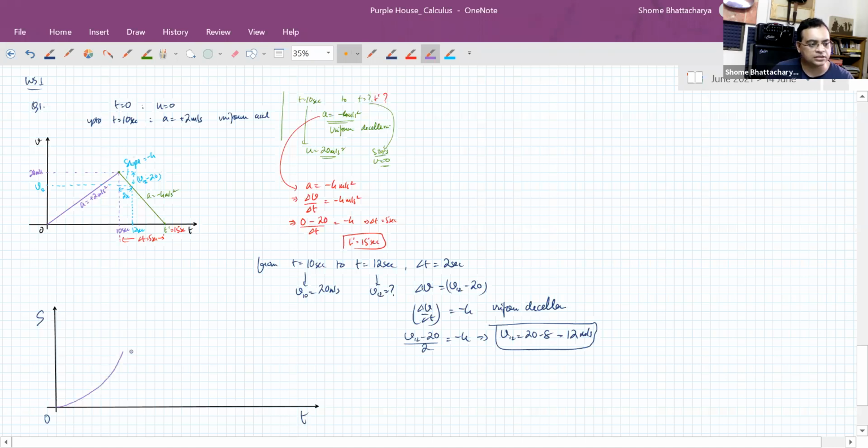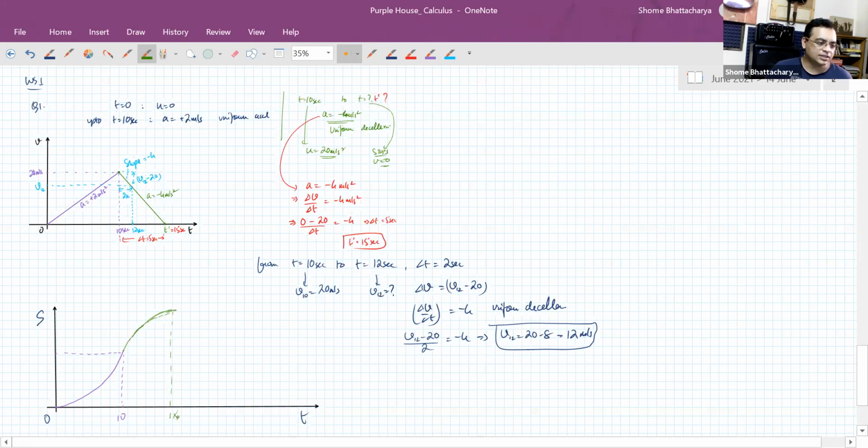But after 10 seconds, it's decelerating, so the slope of the distance time graph should be decreasing. So in the second part, it should become this type of curvature. By the time we reach 15 seconds, it should almost become a horizontal line because its velocity has become 0. So that's how the distance versus time graph is.